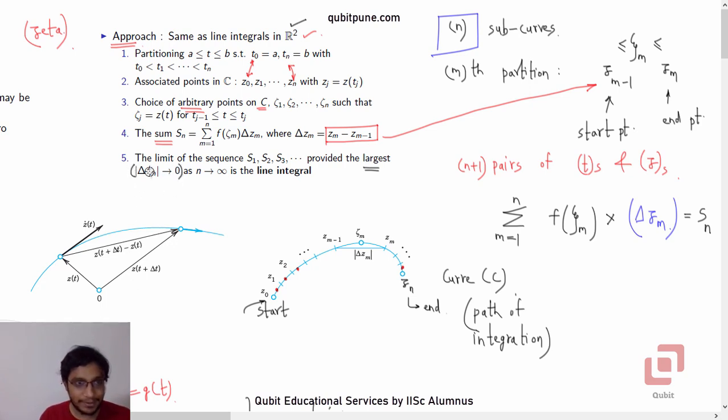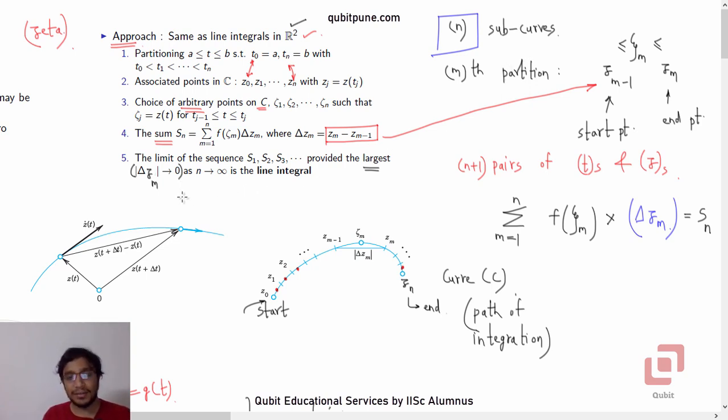Sorry, it should have been delta Zm, which is as good as the partition norm. So the modulus of the largest delta Zm should tend to 0, which ensures that these points come closer and closer to each other, thereby increasing the number of subcurves.